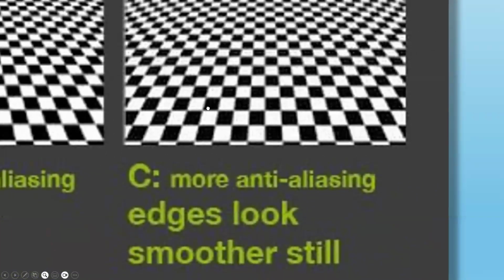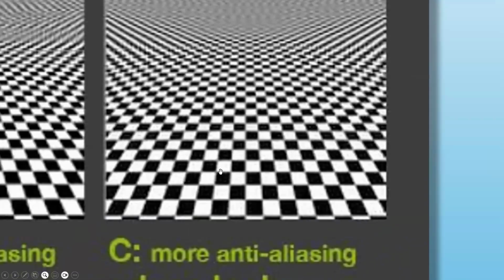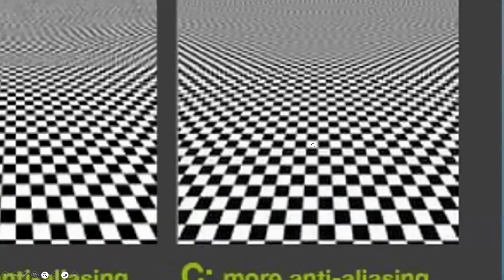Okay. Now, more anti-aliasing. Edges look smoother still, right? You could see here and compare those. And of course, as you go further along, no matter what you do, sometimes the aliasing is still going to occur. But you can see the difference with more anti-aliasing filtering. It's still trying to reconstruct things properly.